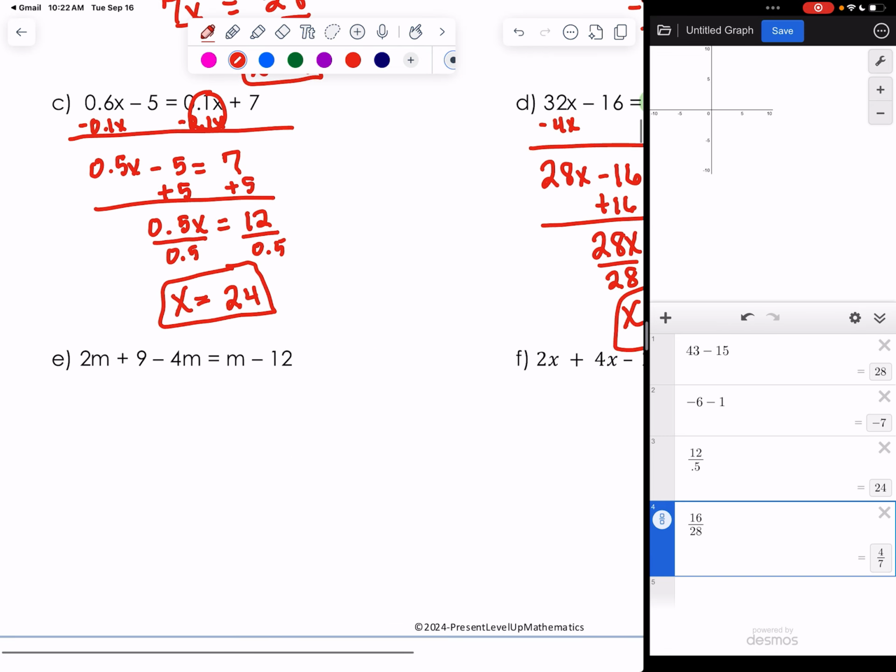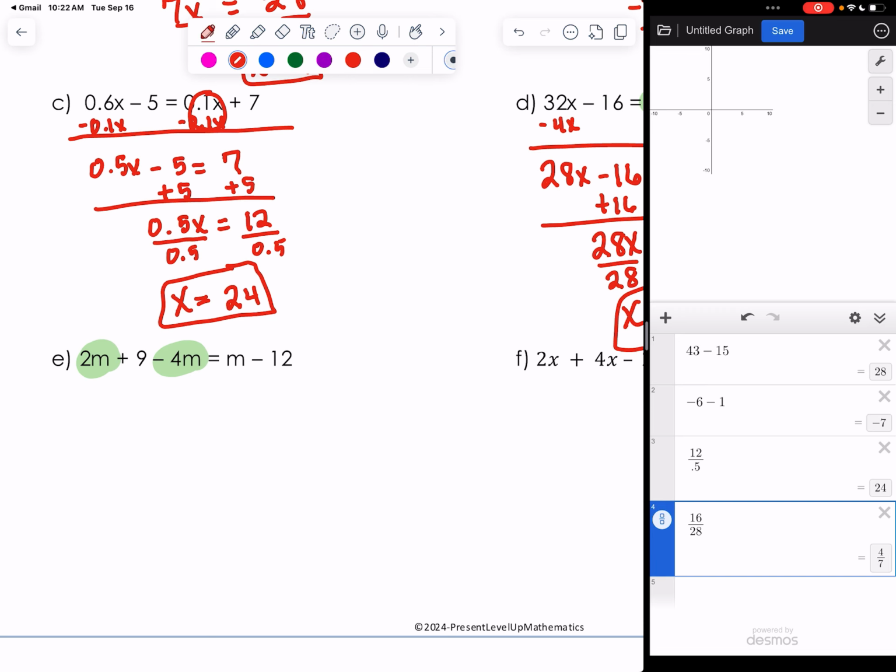All right, problem E. 2m plus 9 minus 4m equals m minus 12. Now, we've got a problem here. This is the first time that we have seen like terms on the same side.